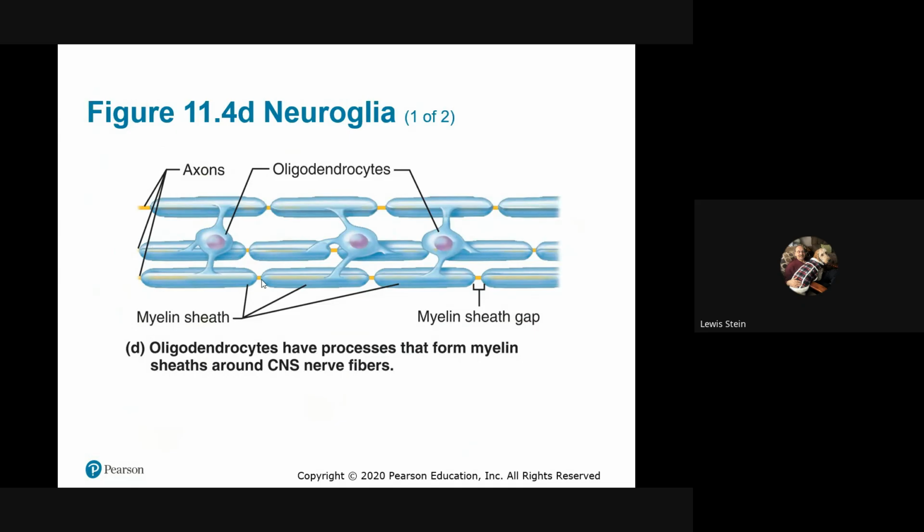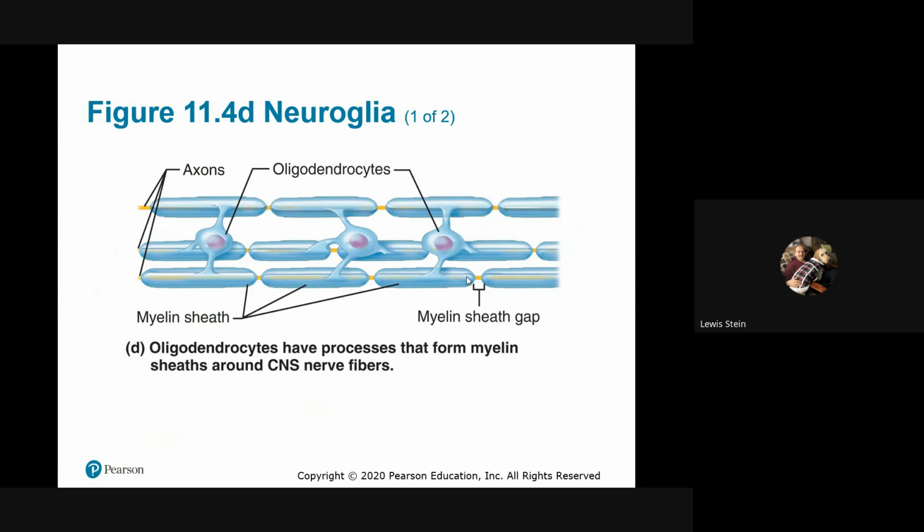So now they're called myelin sheath gaps. And really the signal doesn't go through the myelin so much as it jumps effectively from gap to gap. That's why the nerve cells conduct very fast. The more myelin, the faster. The thicker the myelin, the faster. And we'll get to the why about that when we look at the physiology.